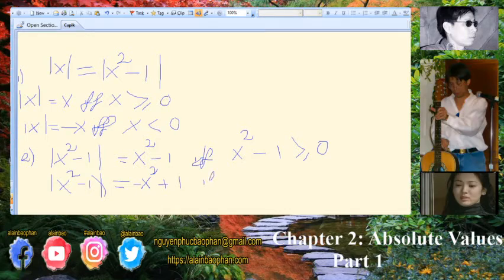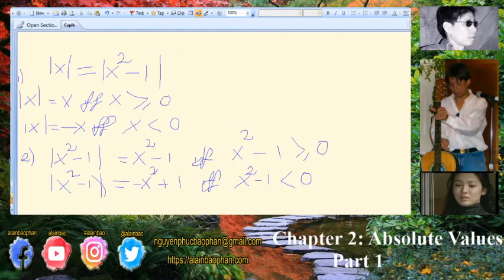If and only if, that if is equivalent with if and only if x square minus 1 is less than 0. So now we can combine. If we take the first absolute value we have x and minus x, the second absolute value we have x square minus 1 and minus x square plus 1.